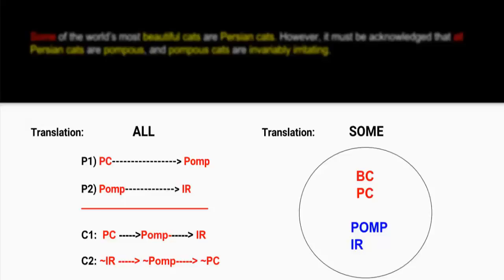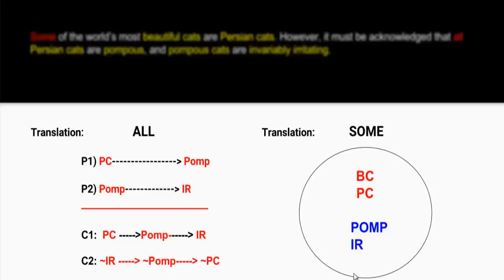You can say BC, PC, pompous, irritating, or go the opposite direction: pompous, irritating, beautiful cat, Persian cats. It doesn't really matter. Once it's in that circle, it takes on the whole characteristic of some. So now you can say some about all these guys.